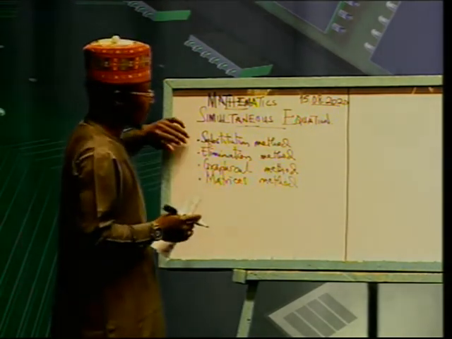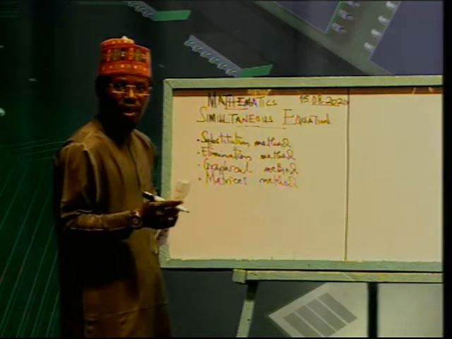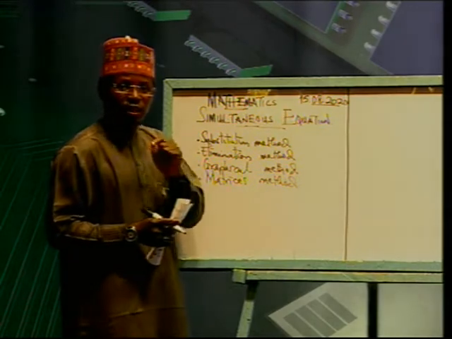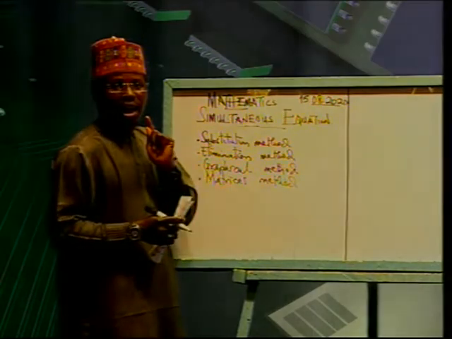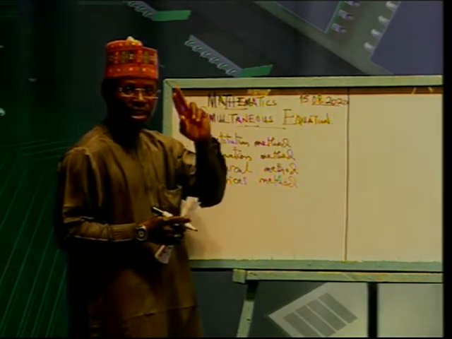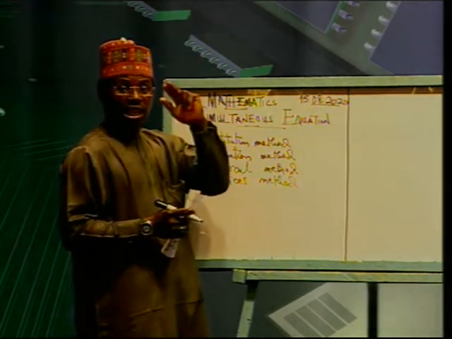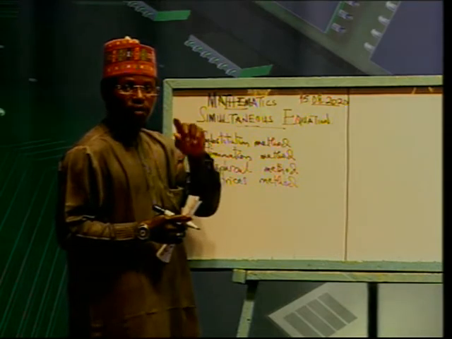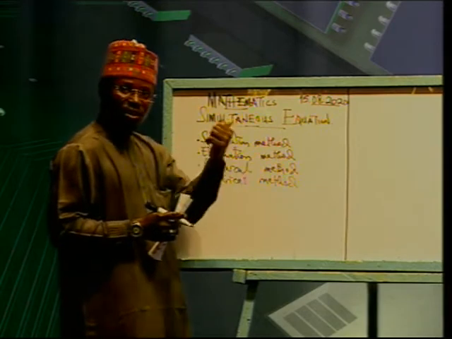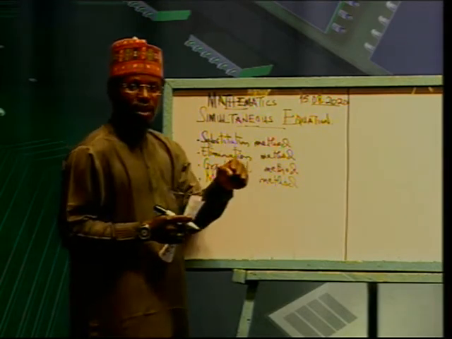What the first method entails is that when you have a pair of equations, you choose one of the equations and one of the variables, because for sure you must have two variables in each of the equations. Then you make that variable the subject and substitute it in the other equation.